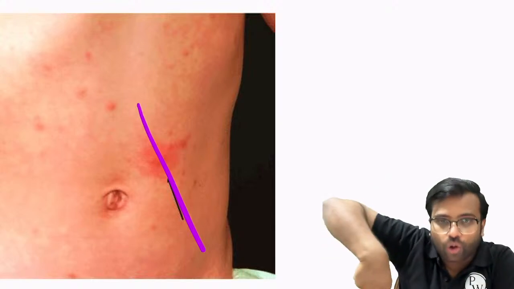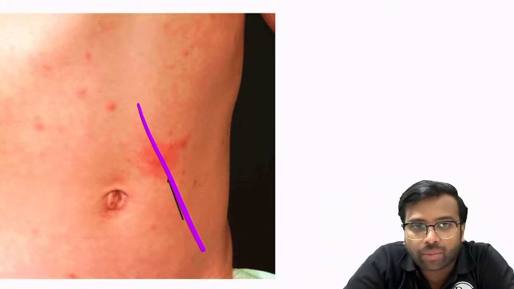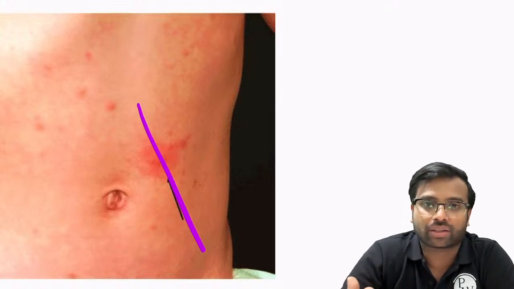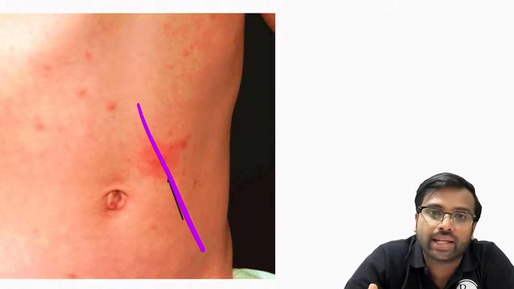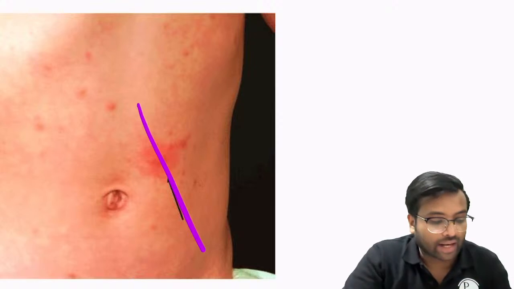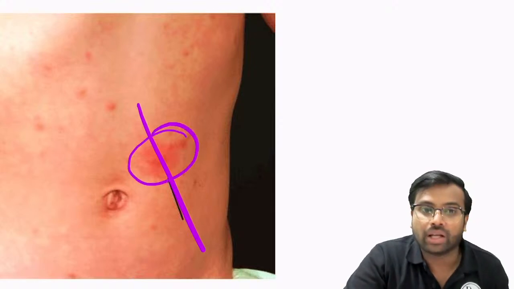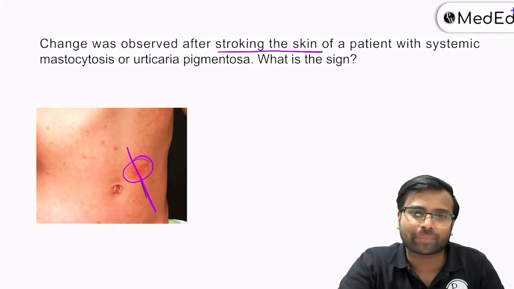Once I stroke over the skin, what happens? The patient develops a flare reaction, isn't it? The patient can develop urticarial wheals. Some edema develops underneath the skin. There is some redness which has developed here. So this one is called as, would you like to give it a guess?